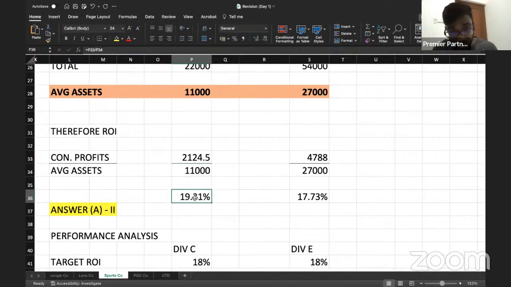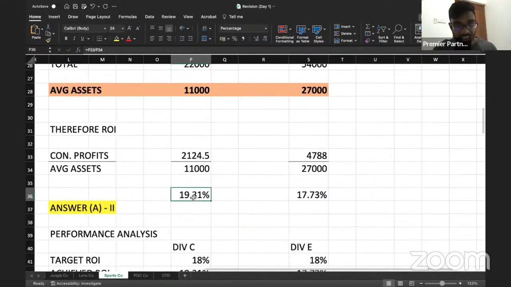No, they are showing a high ROI because their assets are lower, profits are higher, right? So division C, even though the ROI is higher, when you put things under a microscope and look, division C hasn't done anything, right?